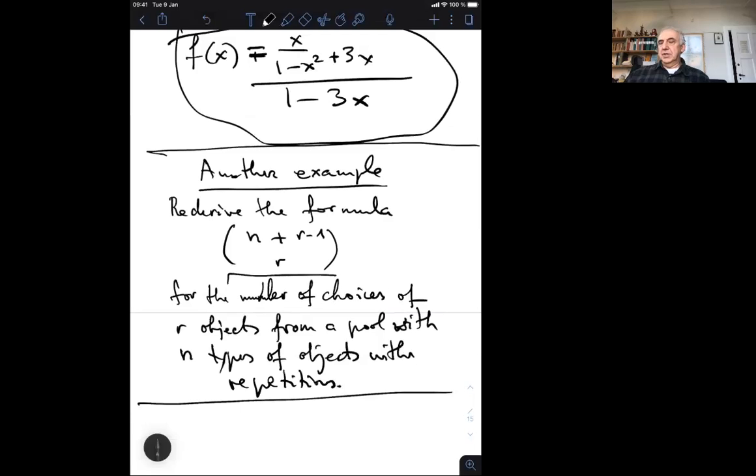So first we take object number 1 some number of times we're allowed to, so not more than r. Then when we fill this object as many times as we want under our limitations, we throw in an additional divider.